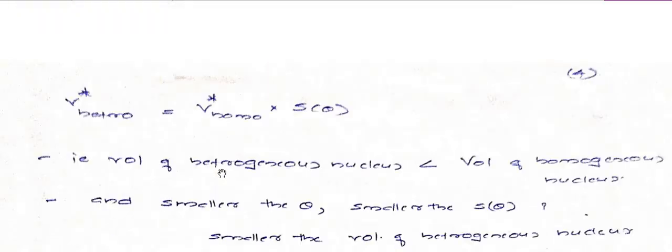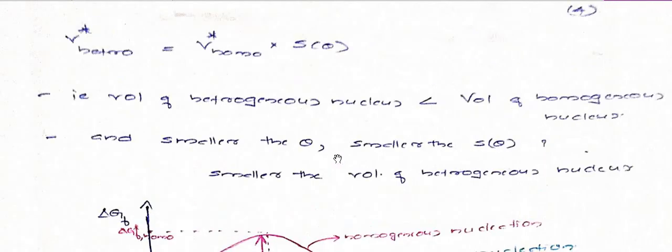So the volume of the heterogeneous nucleus will always be less than the volume of the homogeneous nucleus. Smaller the theta, smaller the S value. Please keep in mind that for nucleation, nucleus growth or crystal growth, the smaller thing is much more favorable.